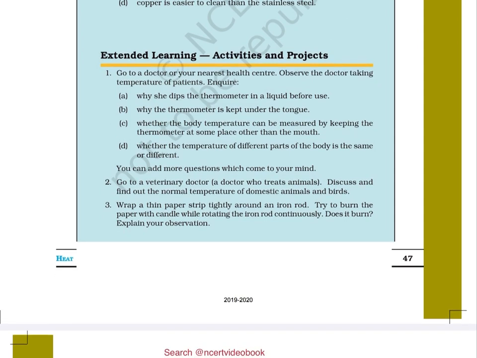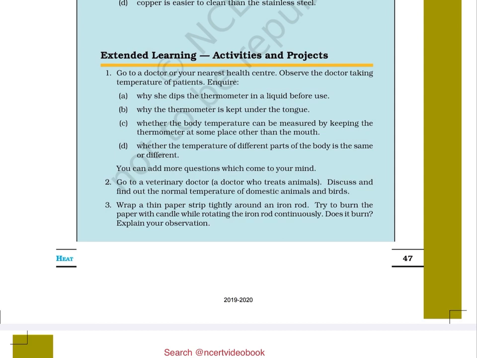Extended learning, activities and projects. 1. Go to a doctor or your nearest health center. Observe the doctor taking temperature of patients. Inquire. A. Why she dips the thermometer in a liquid before use.